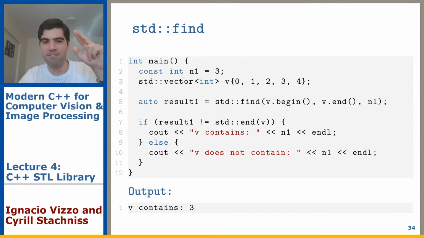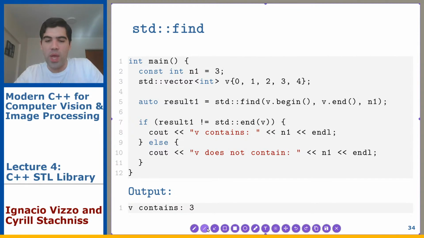Number 2, find. So we have a vector, for example, with 5 elements, and then we want to find if this element is in the vector. So we will call std::find, and then we will provide the beginning of the container and then the end iterator of the container and then the element we want to check. And then this result will actually be an iterator.